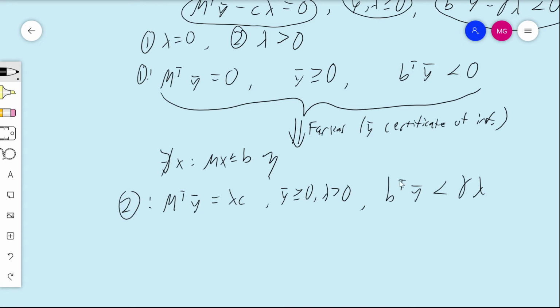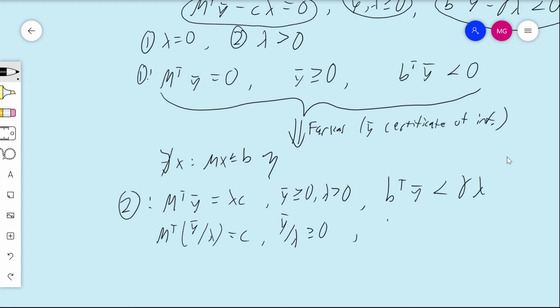What we can do now is divide by lambda for all these parts. So what we're going to have is M transpose times the vector y bar over lambda equals c. And then correspondingly here, let's divide by lambda, and you'll see why we're doing it in just a moment. So we'll have y bar divided by lambda is non-negative.